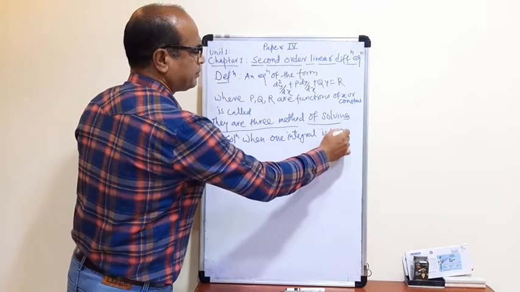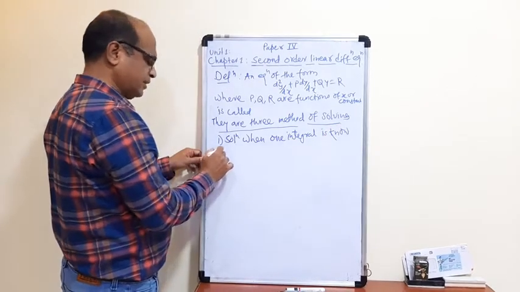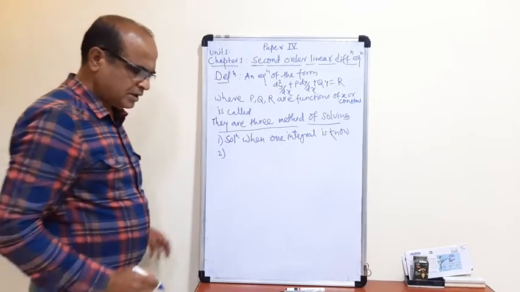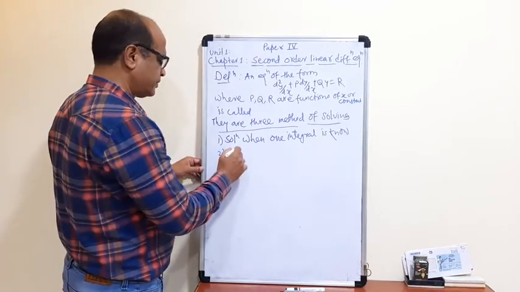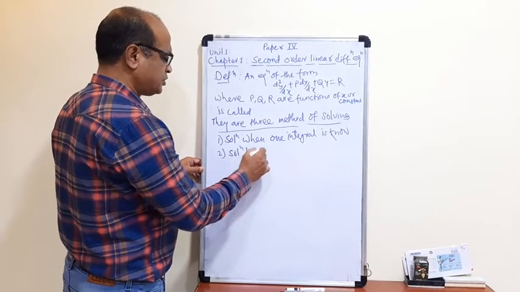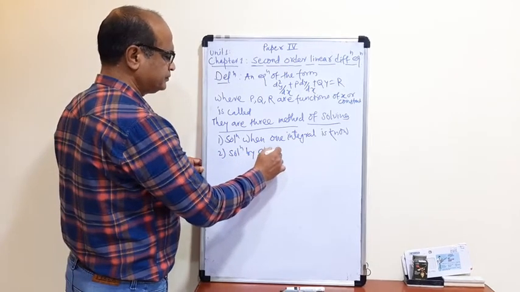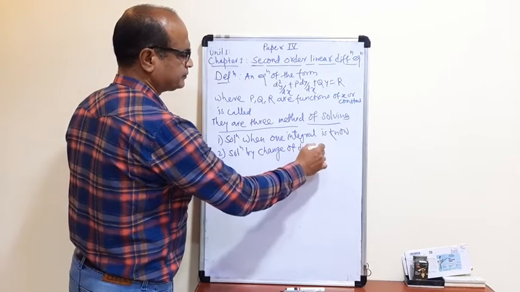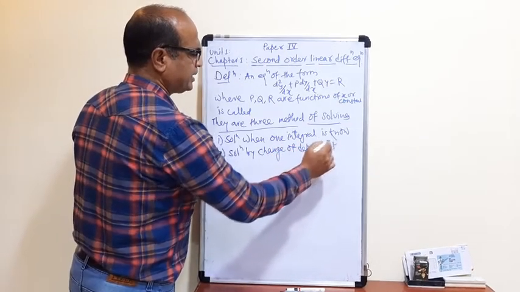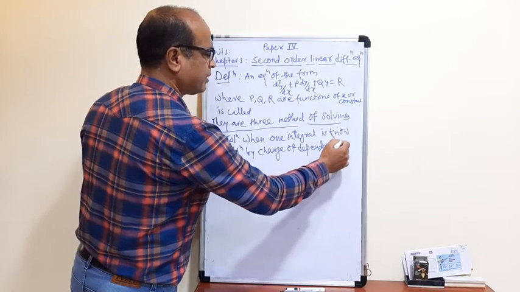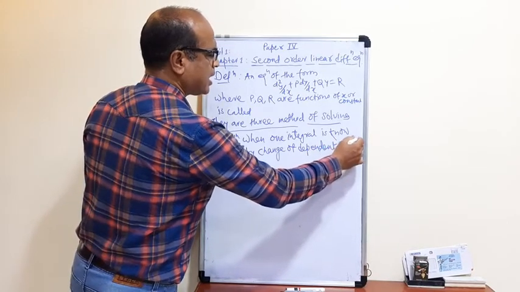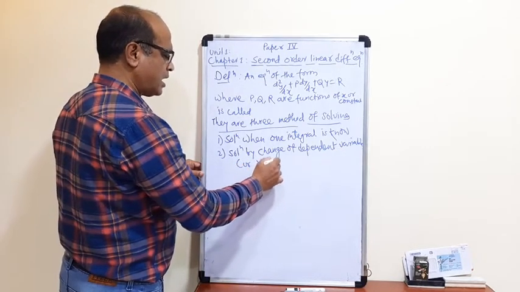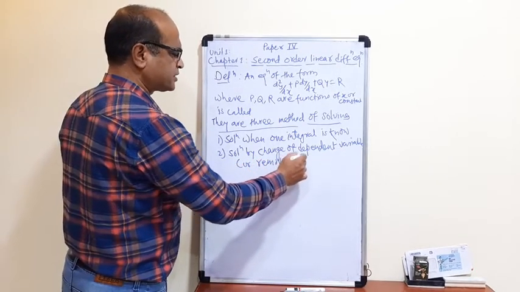What is the second method of solution? The second method is solution by change of dependent variable, or simply it is called removal of the first derivative.